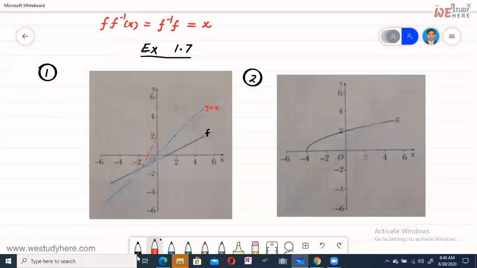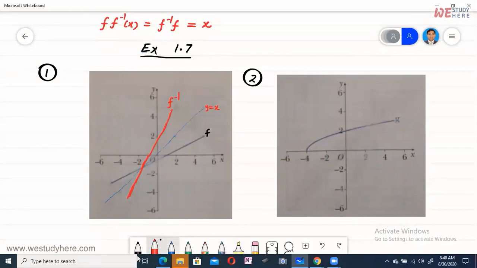Reflection here is this one, then this one. Actually this is the straight line. Okay, this straight line will be the graph of f inverse.